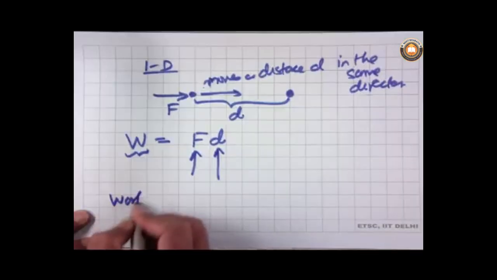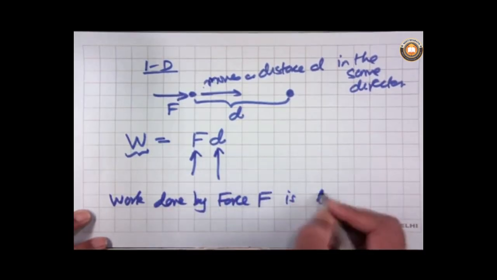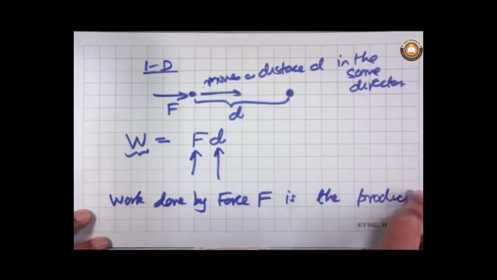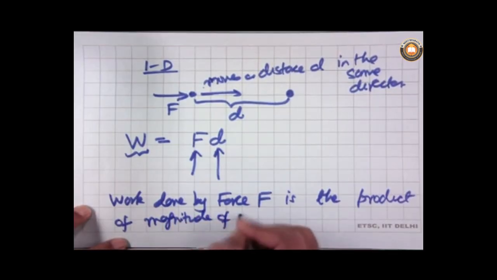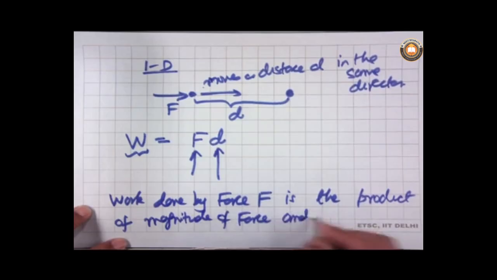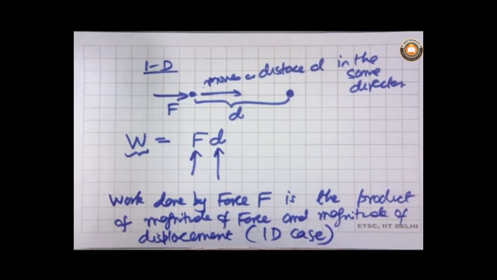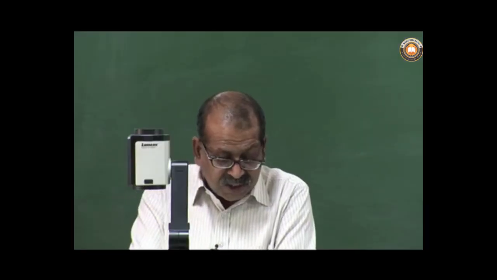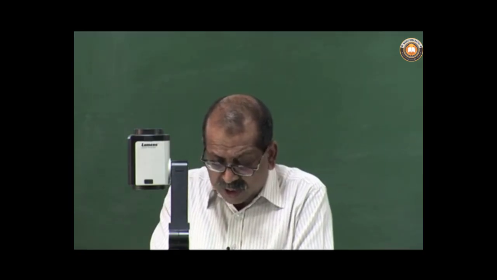So, work done by force F is the product of the magnitude of force and the magnitude of displacement, and we should say this is for a one dimensional case. We will generalize this to a two dimensional case slightly later. Now let us talk in terms of vectors.